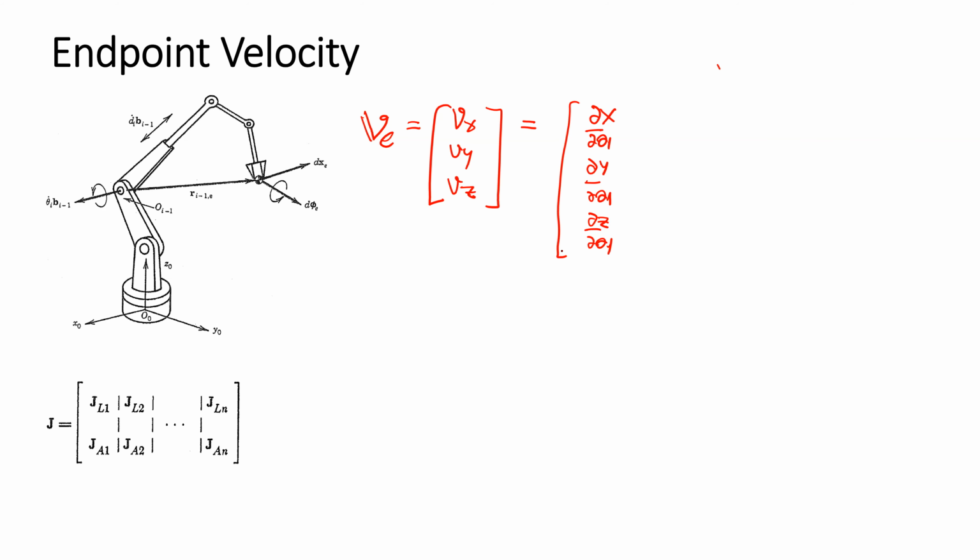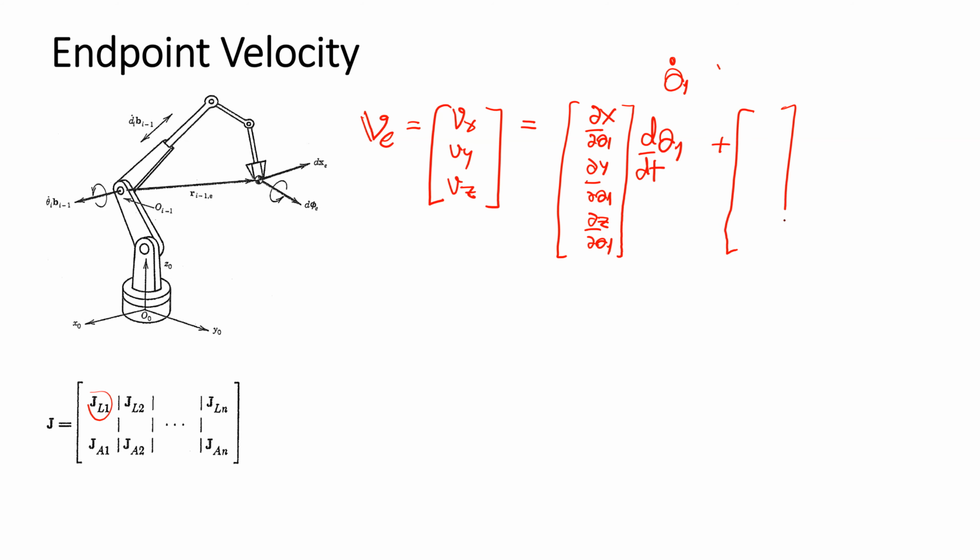For the first Jacobian, for the linear position, it is only partial by theta 1 and multiplied by the joint velocity at theta 1.